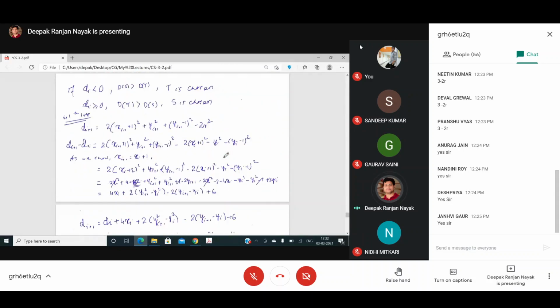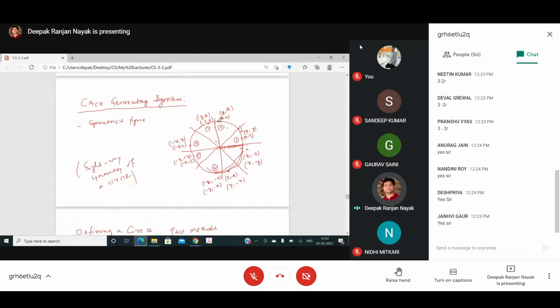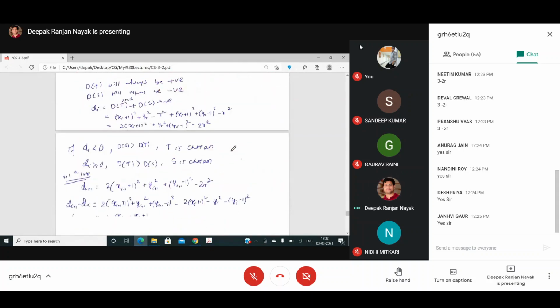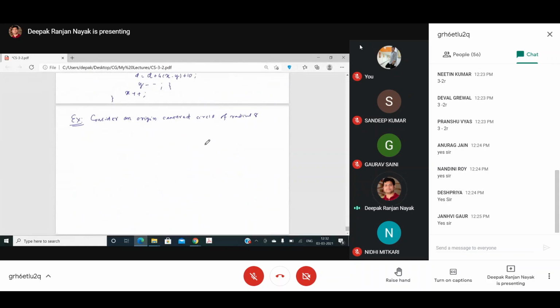So sometimes the question asks for the pixel positions for this octant, or for that octant, and sometimes for the whole quadrant. You know the algorithm for one octant, and accordingly you can calculate the other pixel values.